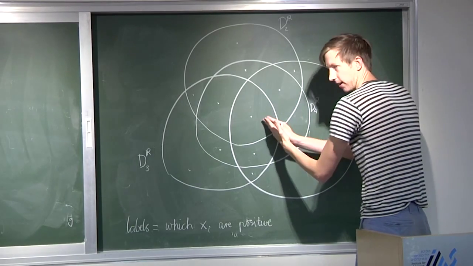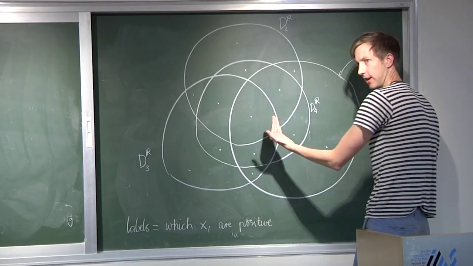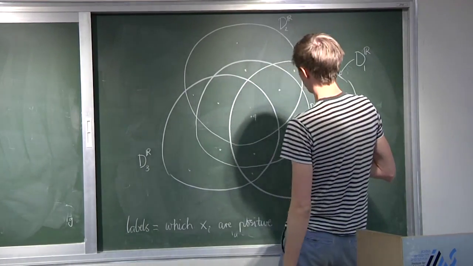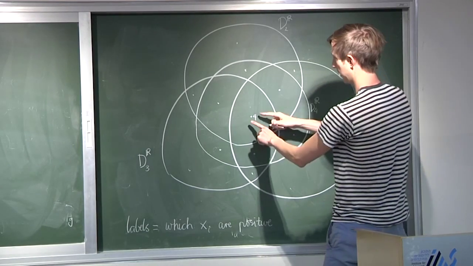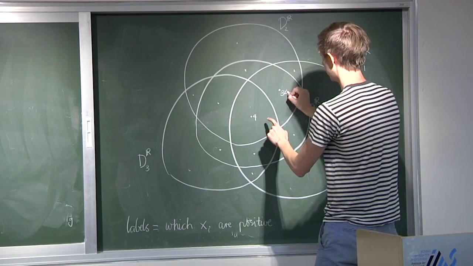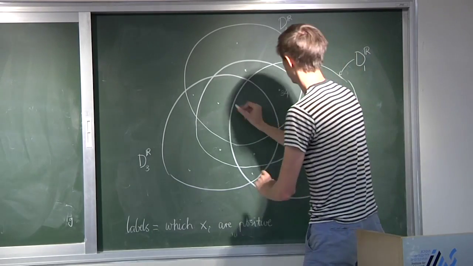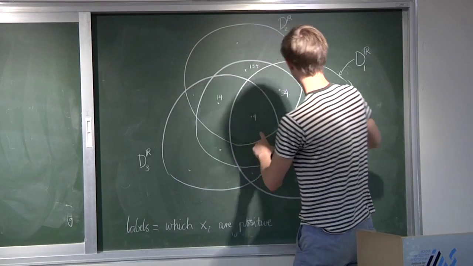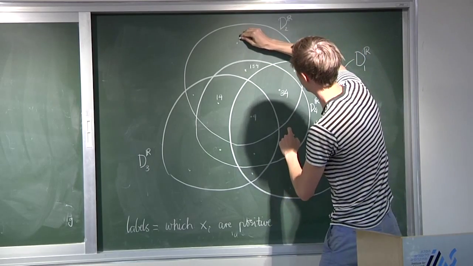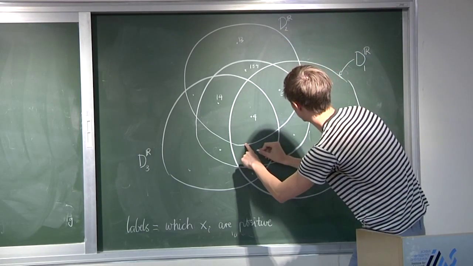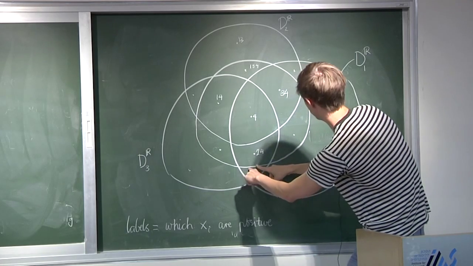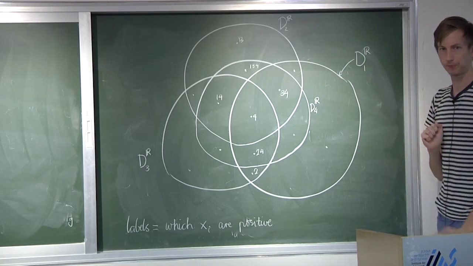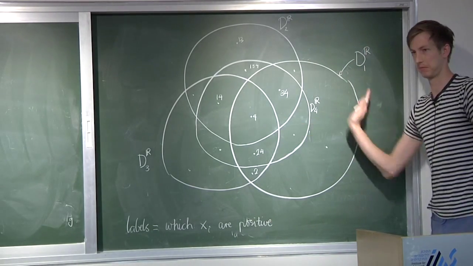Inside here, D4 is going to be positive. Outside, it's going to be negative. So here we write this one, D4 only is positive. Here, both 3 and 4 are positive. Here, 1 and 4, here 1, 3, 4. Here we go outside 4, so we get 1, 3. Here we go outside 2, so we get 2, 4. Here we go outside 4, so we just get 2, and so on. You can fill in the whole picture.